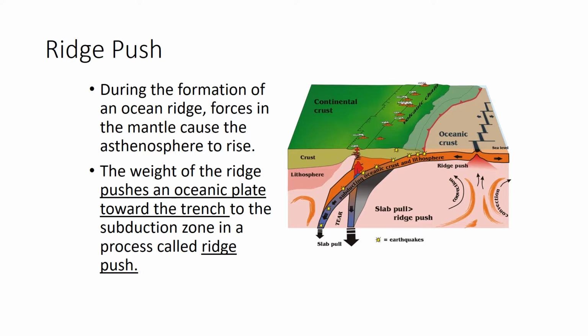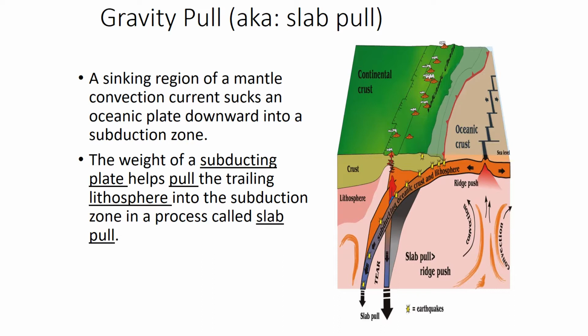That force then pushes the plate out, and it pushes it until it reaches a trench towards the continental crust, where it then subducts back down into the Earth because it's cool, and then it ends up melting and becoming magma again, and then part of the mantle, and then it goes through the process again. And this is called ridge push.